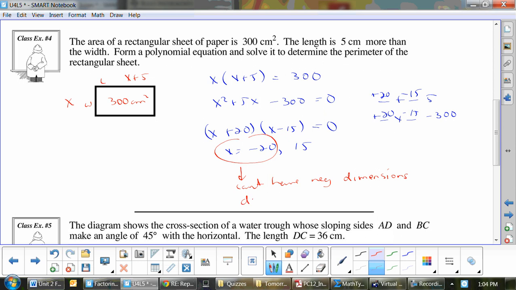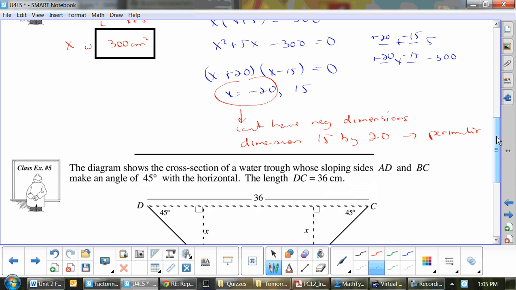So my dimensions would be 15 by 20, right? This is x plus 5. So therefore, what is my perimeter? That's area. No. 2 times 15 plus 2 times 20. 70, yes.